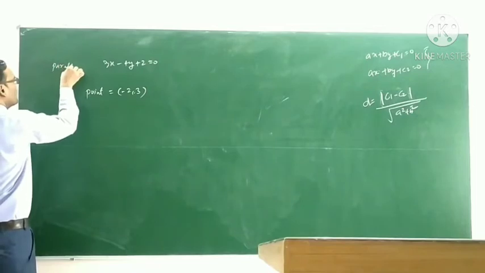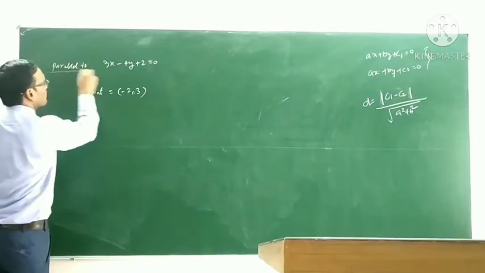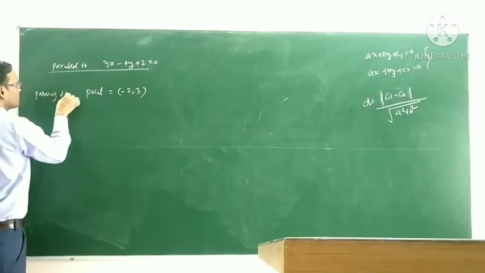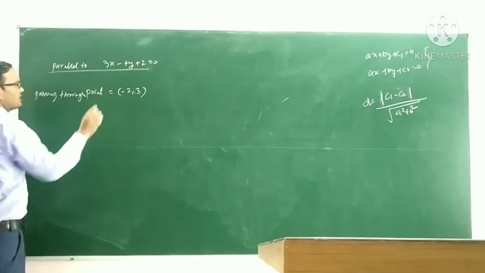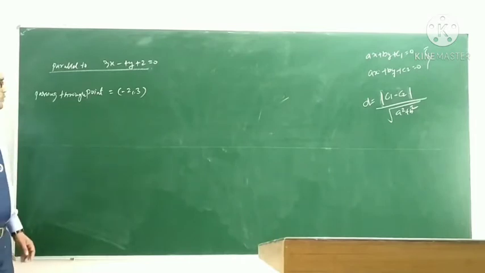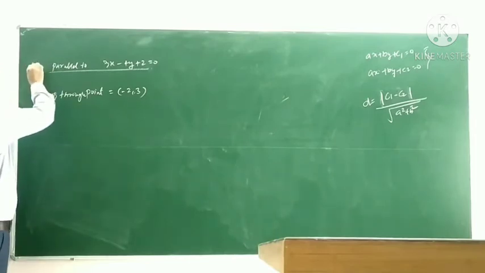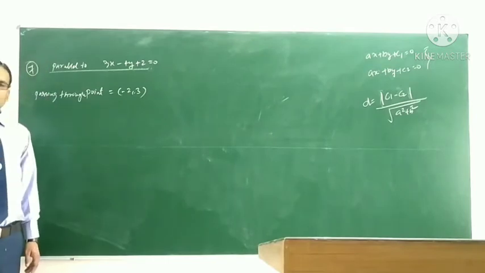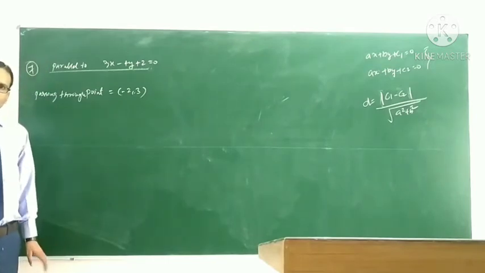Parallel to and passing through the point minus 2, 3. Question number 7. Okay students, understood this question?